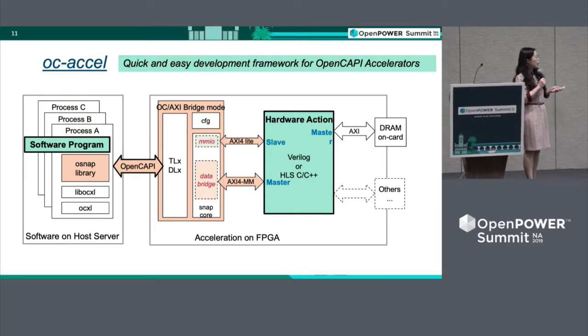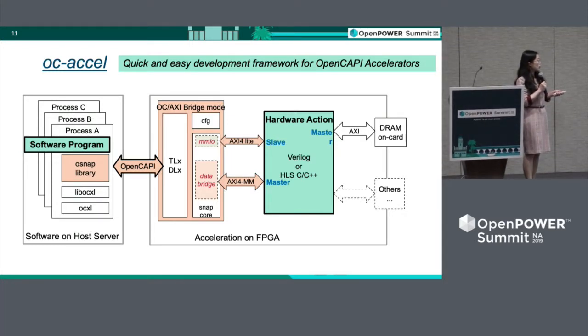So we have the OpenCAPI to AXI bridge, which converts the OpenCAPI TLX/DLX to two interfaces. The first one is AXI4-Lite. In this case, the hardware action, which is the logic part owned by the developers or users, is a slave. And the main data path is here.